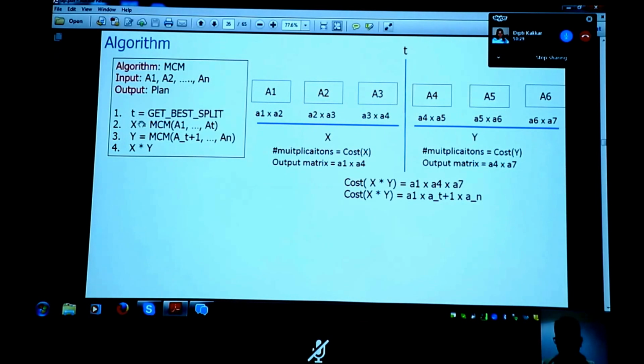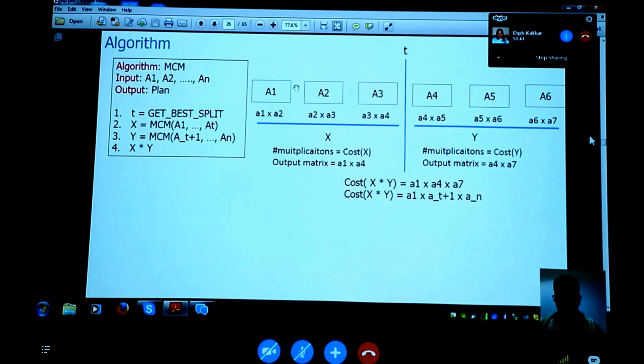Then I can say, find the matrix chain multiplication, the optimal solution or the cost, with A1, A2, up to An. So for example here, if I guess that the best split is t equals 3, then A1, A2, A3 is one subinstance, and A4, A5, A6 is the other subinstance. You solve it recursively, and you get this cost of x.